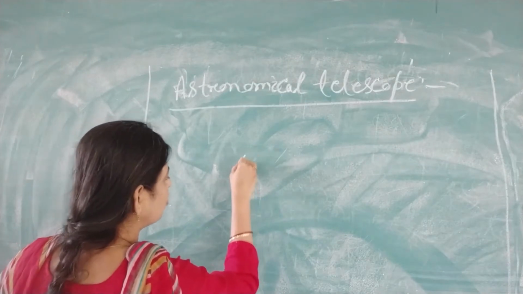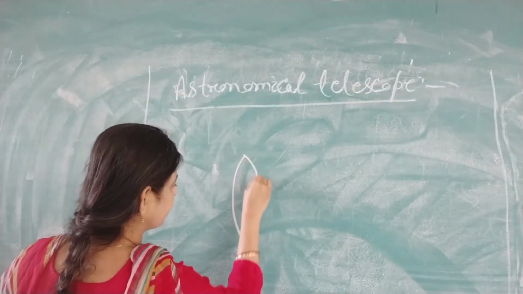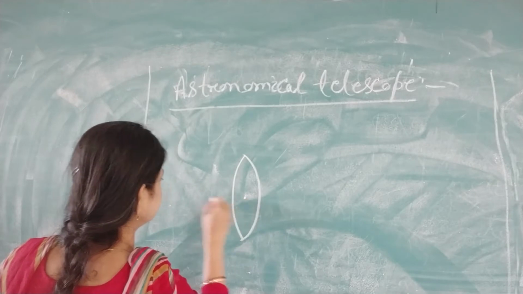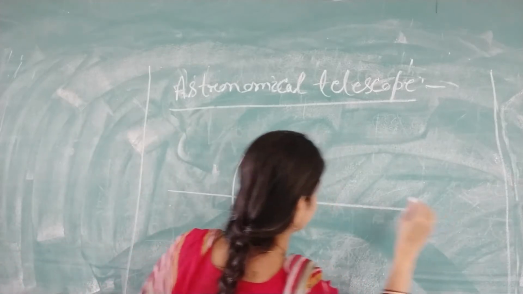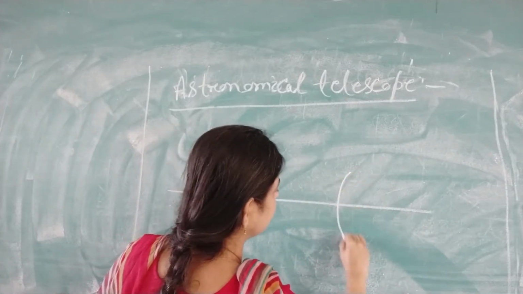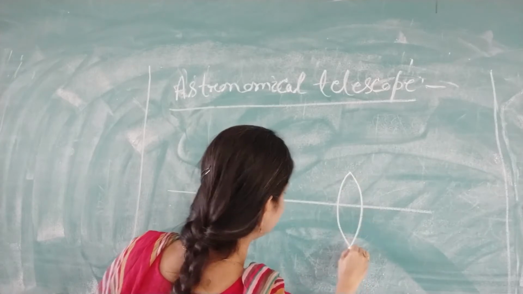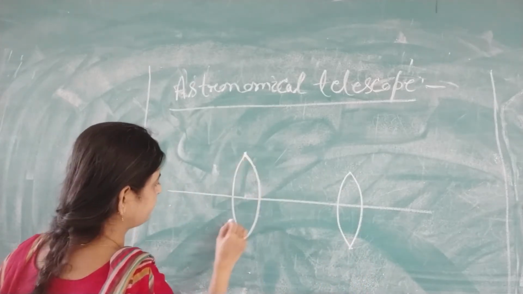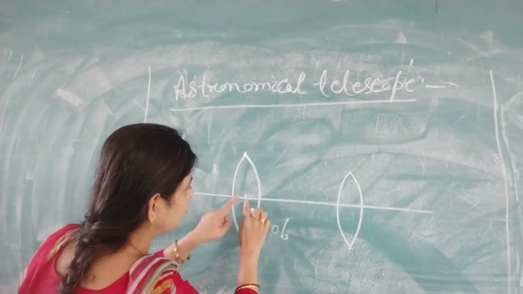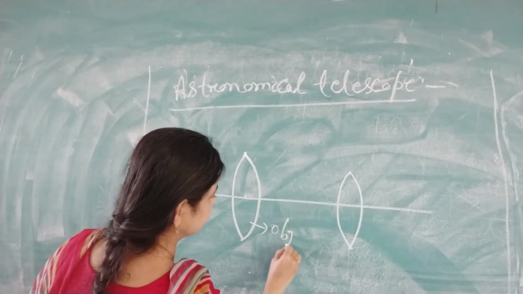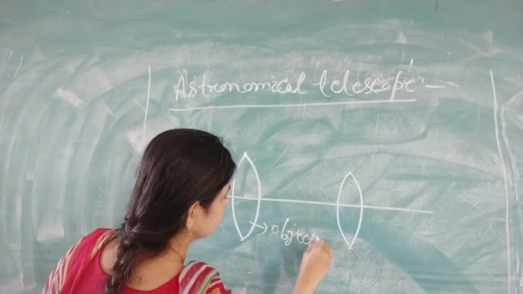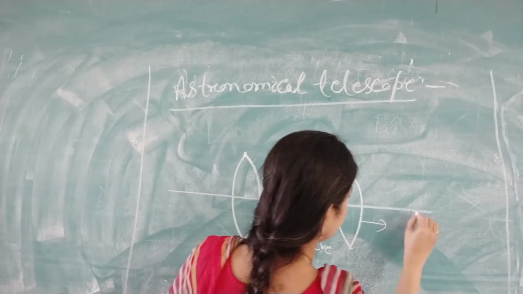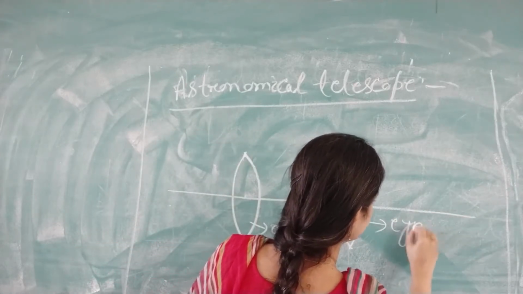One is the objective and another is the eyepiece. Both are convex lenses. This is the objective and this is the eyepiece.